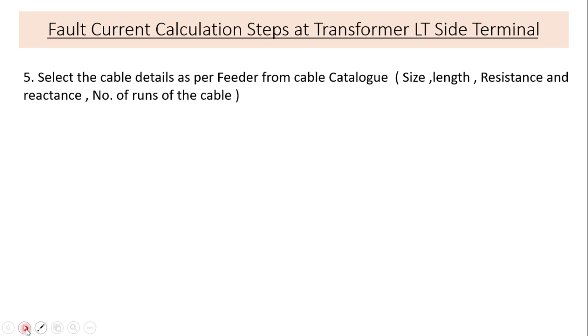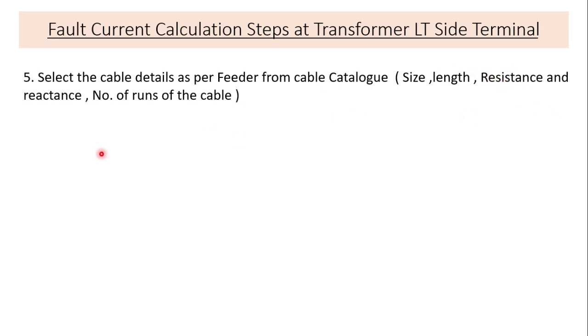Then number 5, select the cable details, to identify the per unit impedance of the cable. We have to get the details of the cables as per the SLD drawings, which is the design drawing, where we consider the cable size, length, resistance, reactance, and number of runs.